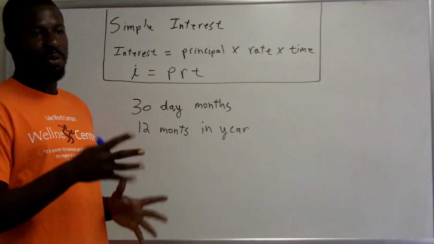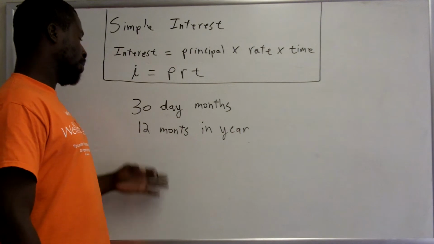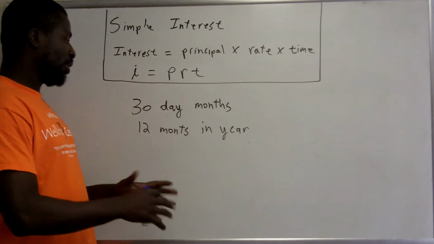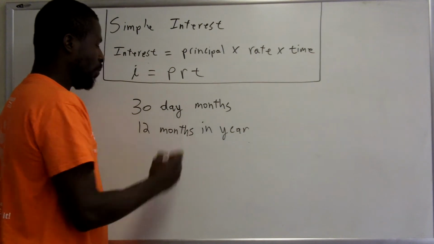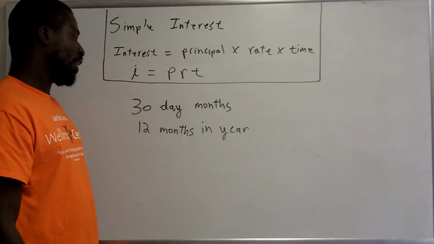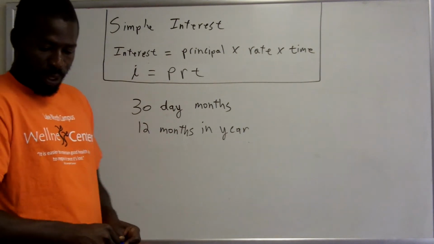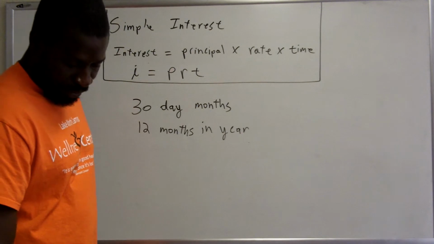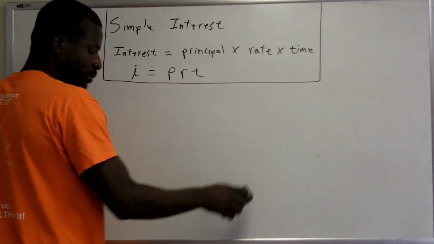We know there are actually 365 and a little bit more days in a year, but we're going to simplify it by saying each month has 30 days, and each year has 12 months. All right, now that being said, let's go ahead and look at some problems.